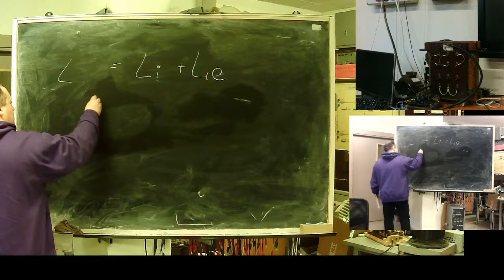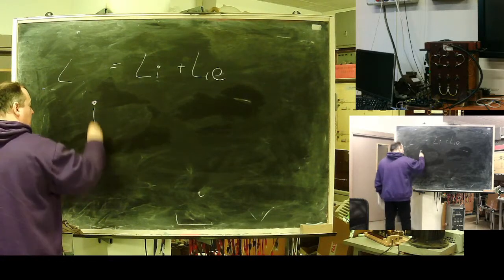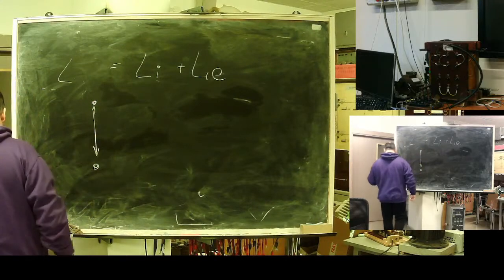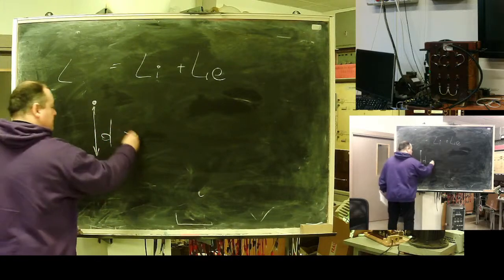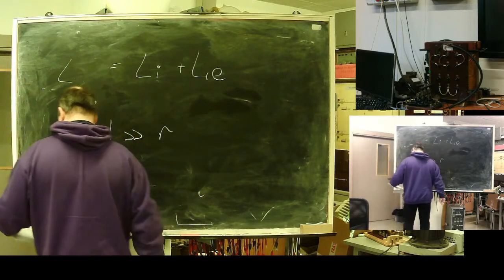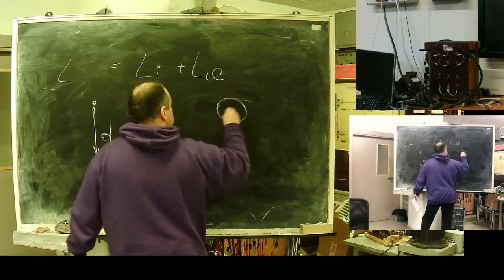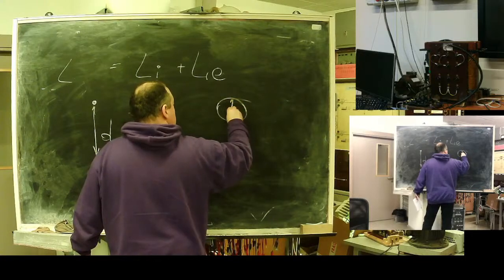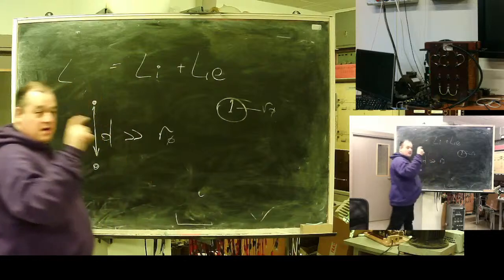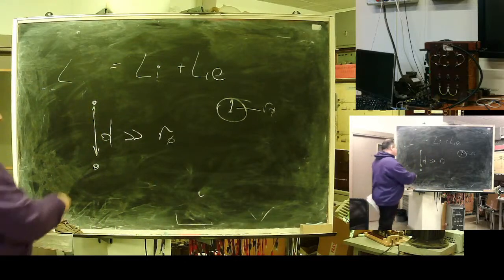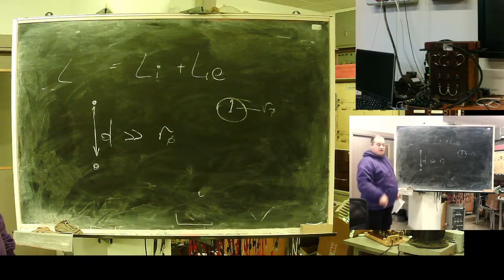At the beginning we have a two-wire line and a distance. This distance is much bigger than the wire radius. Where is my wire? So the distance between wires is much bigger than the wire radius.